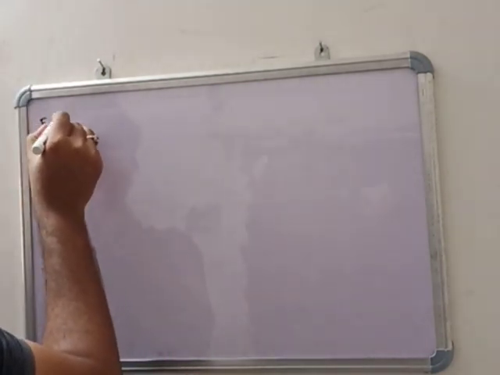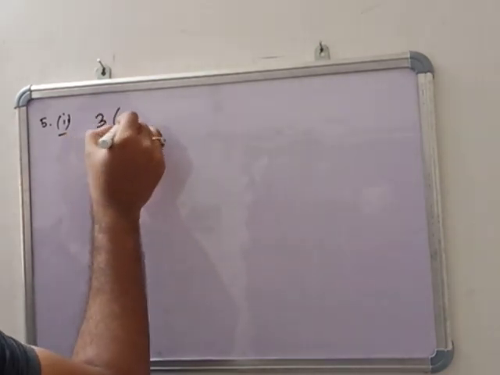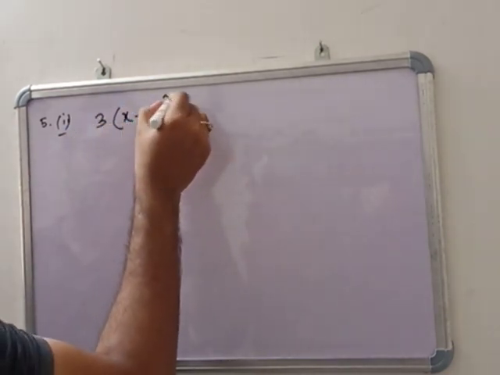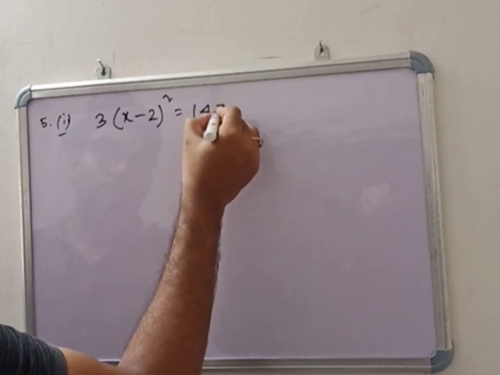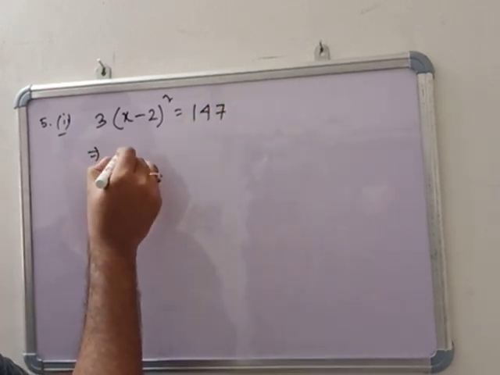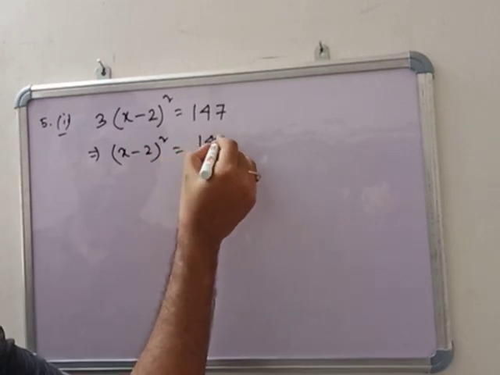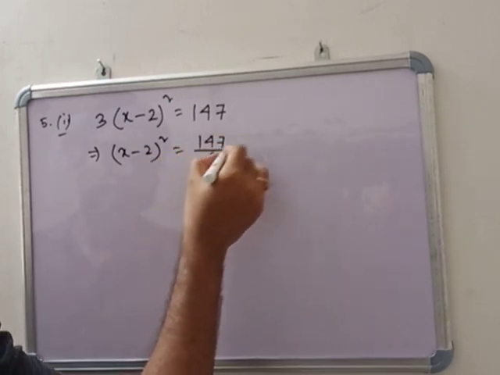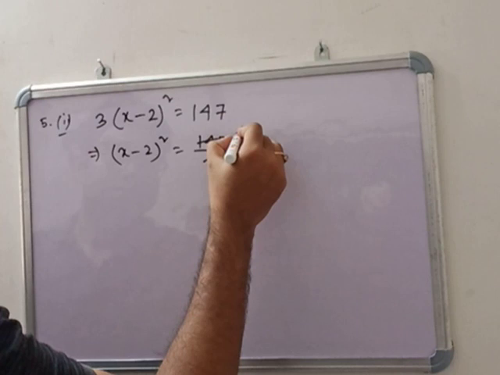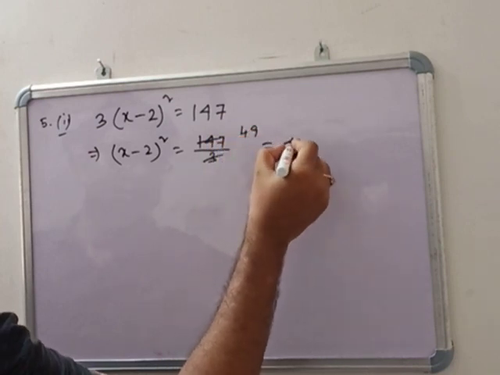Next problem, 5a1. In 5a1, see that 3 into x minus 2 whole square equals 147. So that means x minus 2 whole square equals 147 by 3. That means 49. Okay.